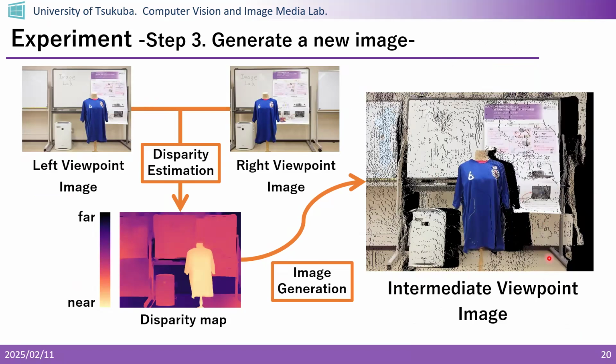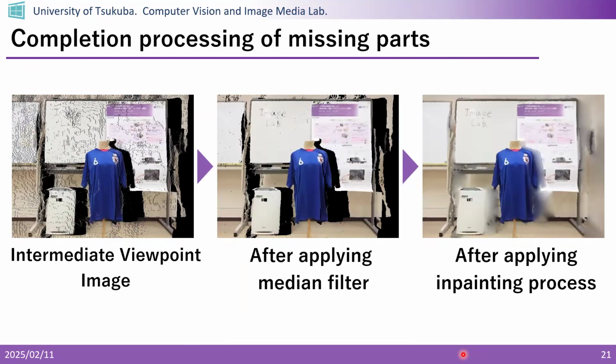Areas that were shaded by objects from the left viewpoint image are represented as black missing areas, as they cannot reflect pixel values in the output image. To complement the missing areas, two processes were applied.